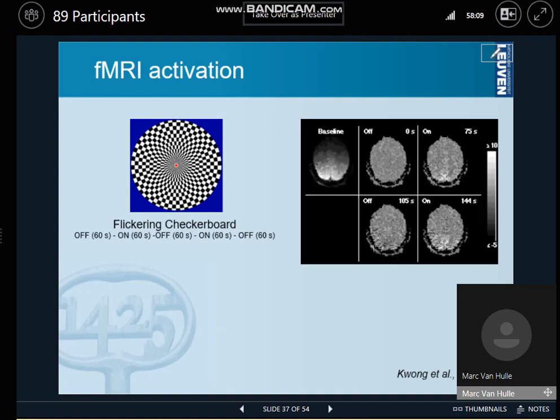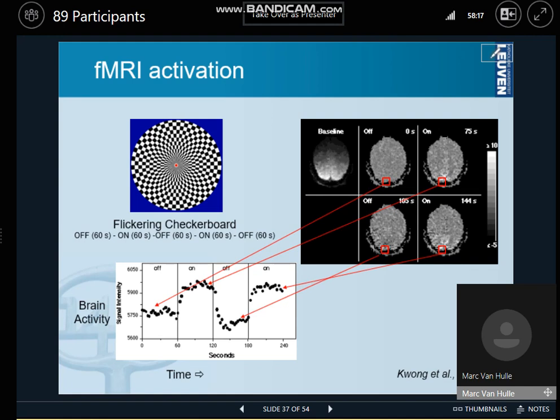And then if you click further on slide 37, you see that blurry image that is being picked up. And then eventually you have a region of interest indicated by the red square. And the activity in there is being monitored.